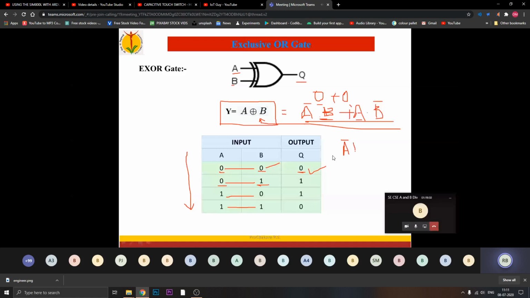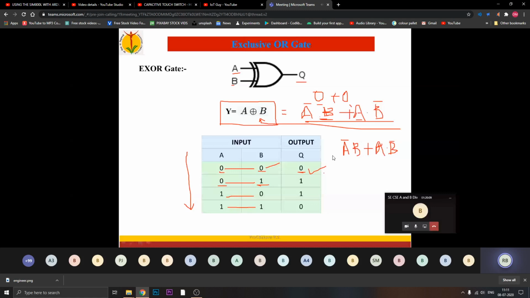Plus, what is the second term? In the second term we keep A as it is into B bar.